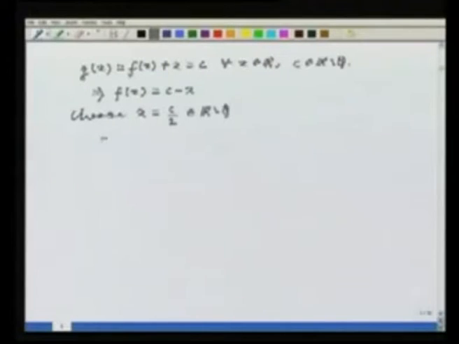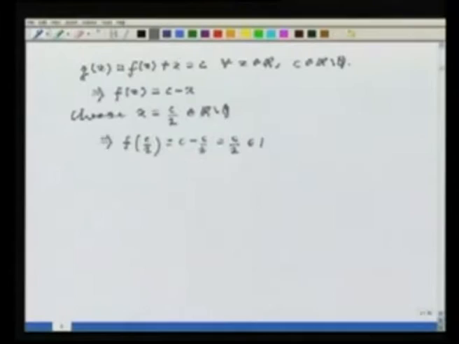That means C by 2 must be an irrational number. But then what happens to Fx? What is f of C by 2? That is C minus C by 2, that is equals to C by 2. Notice that C by 2 is an irrational number and f of C by 2 is C by 2, which is also an irrational number then.